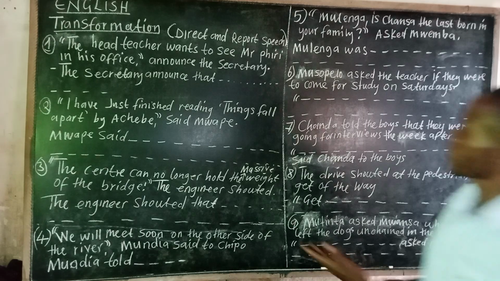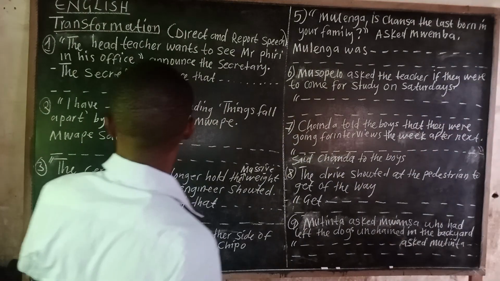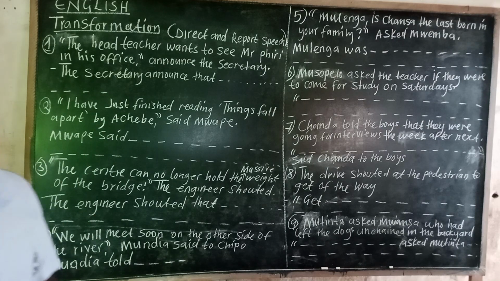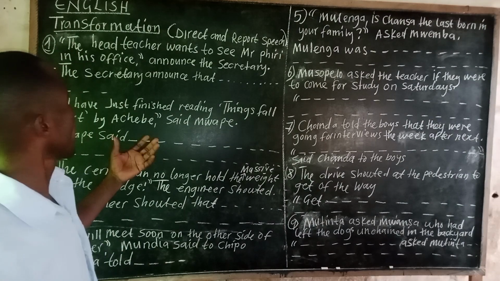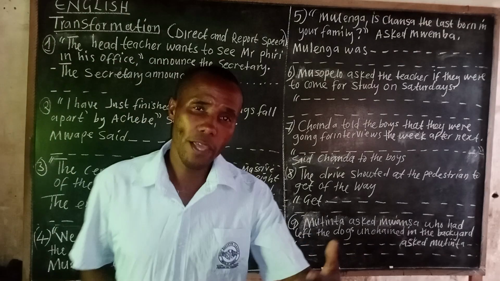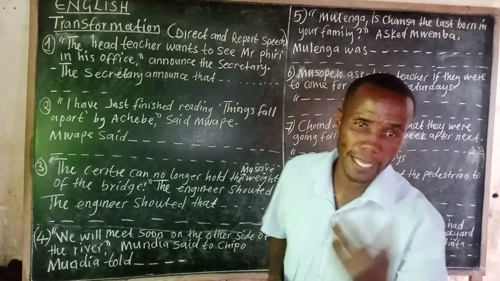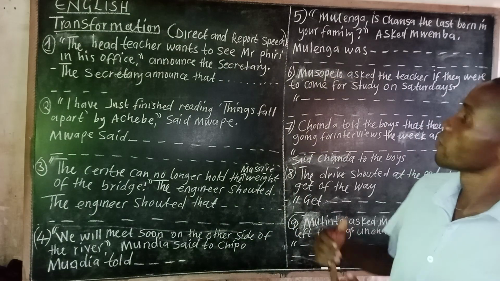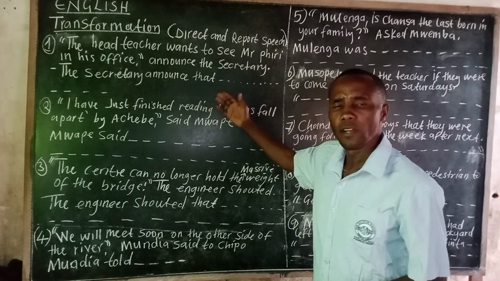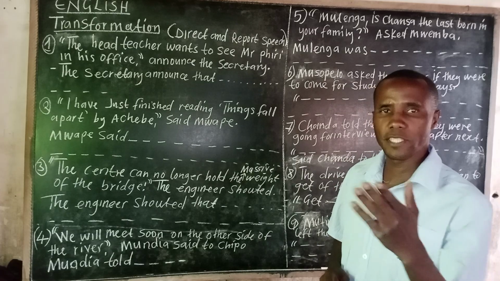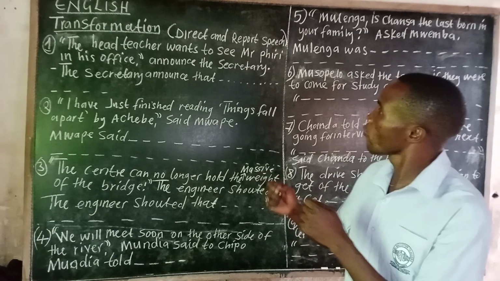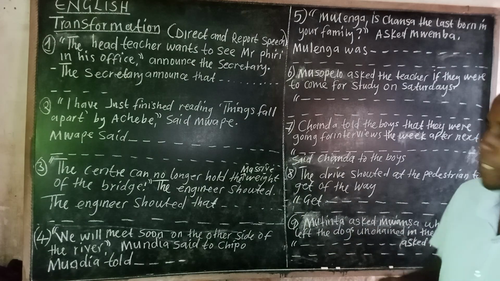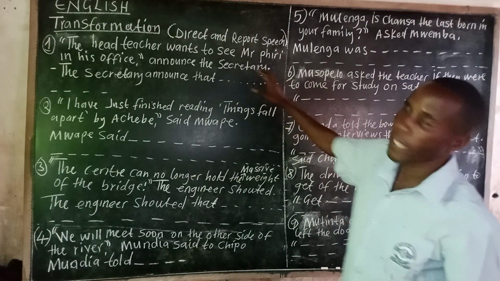Now quickly, let's get back to our question. Here we are reporting. When we say direct speech, this is where you are communicating directly with the second person. When reporting, you are trying to tell someone who was not there what you communicated.